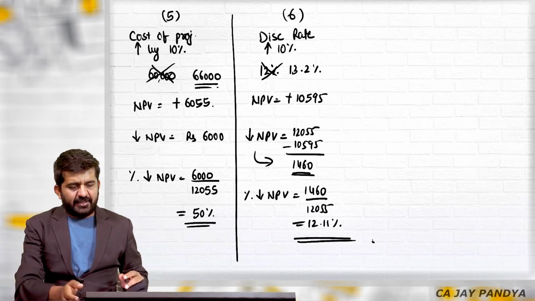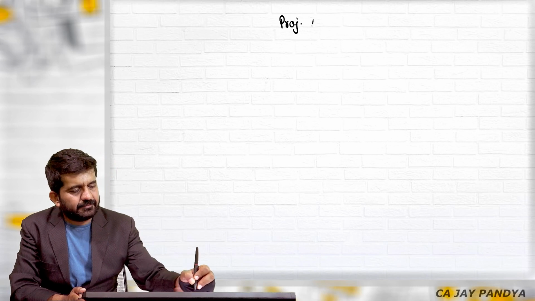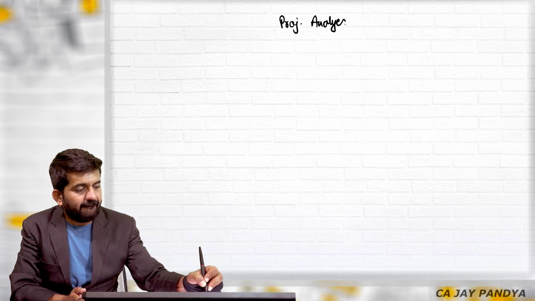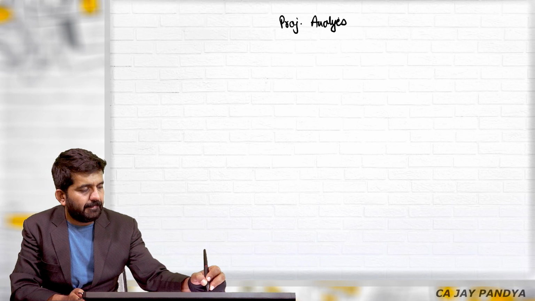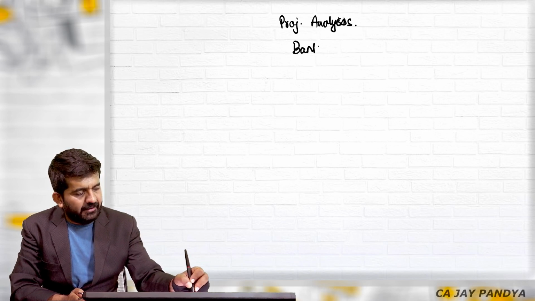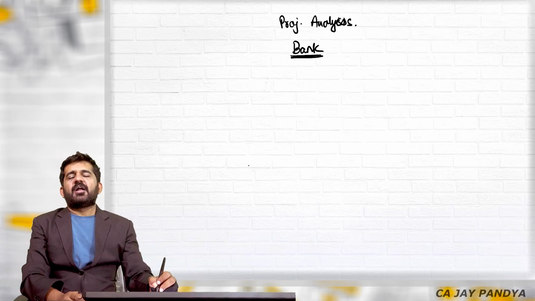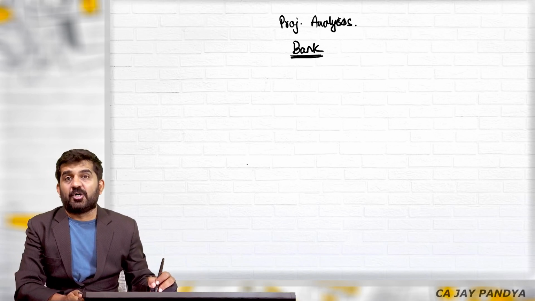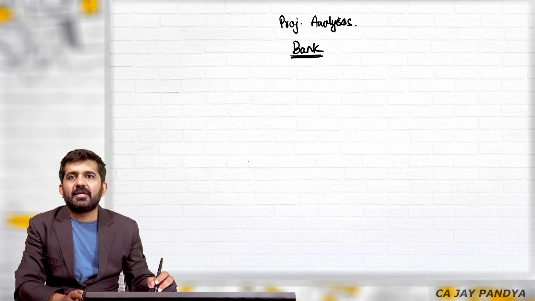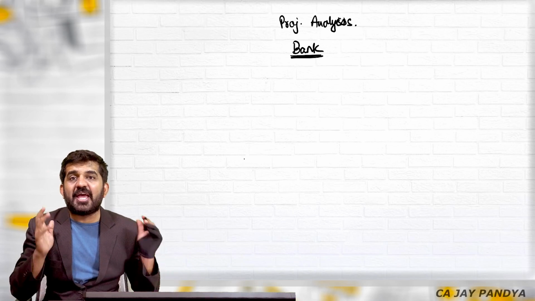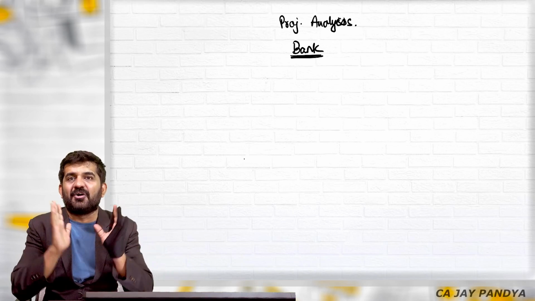Try to understand, this project is analyzed by a bank. Analysis is done by a bank which is planning to give a loan to our project A. See, the bank will analyze everything as if they are the owner of the business.